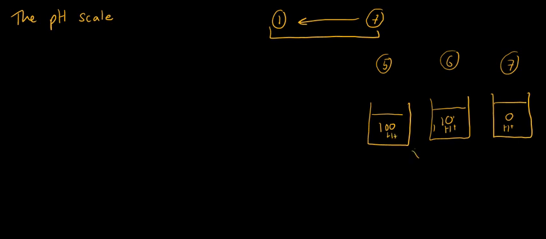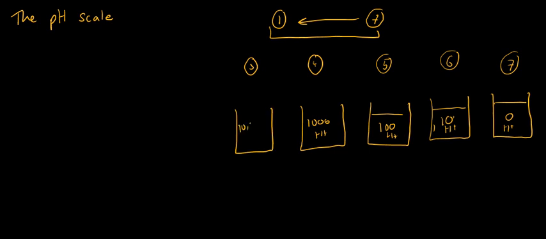Let's imagine that this stays the same volume. Then if I go to pH of 4, I'm going to need 1000 hydrogen ions. A pH of 3 is going to require 10,000 hydrogen ions.